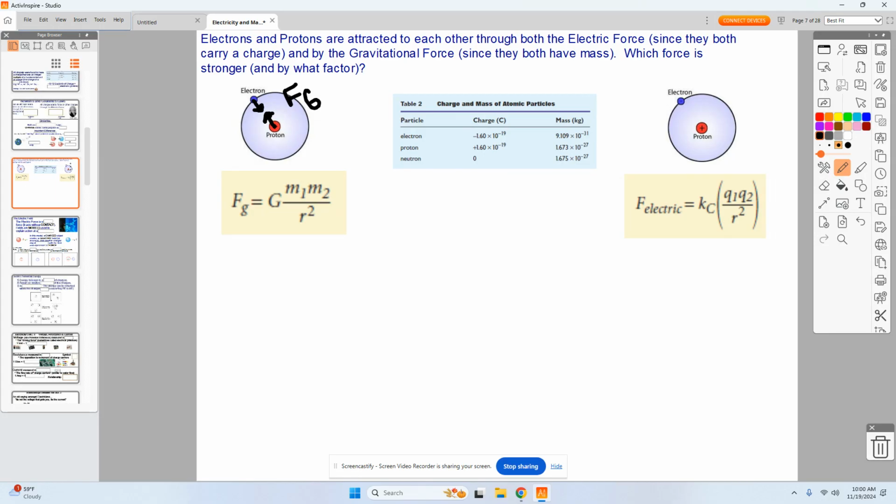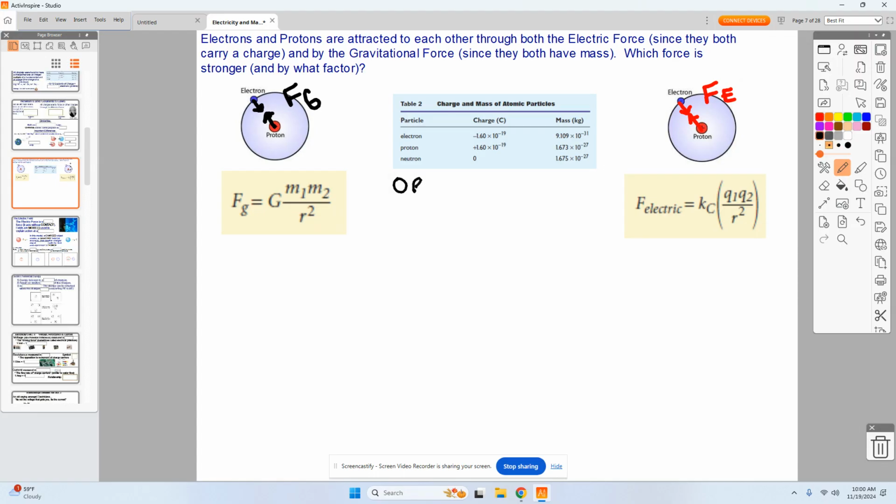These things also attract each other. I'm going to use a different color. They attract each other through the electric force. Because they have opposite charges, they attract through Coulomb's law. Now, what I want to do is I just want to show you how to do what's called an order of magnitude calculation.